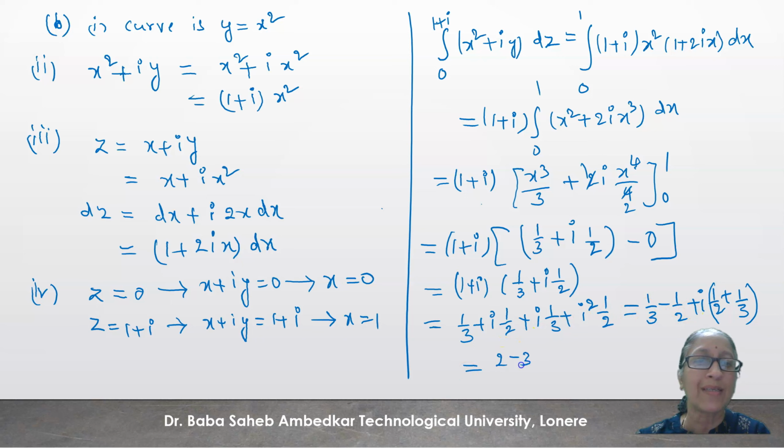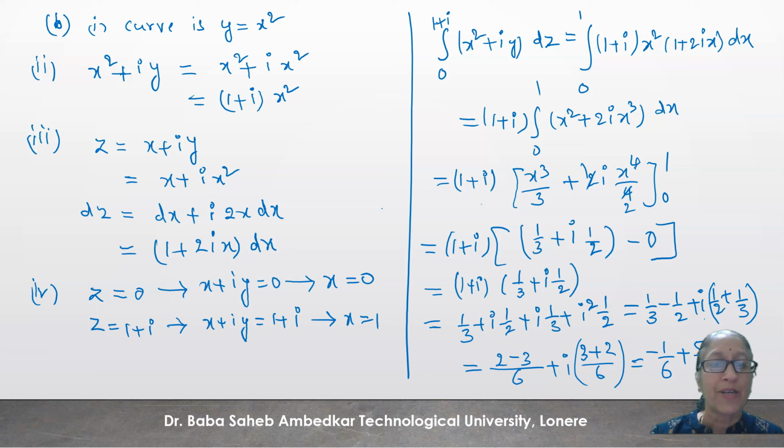This is (2 minus 3) upon 6 plus i into (3 plus 2) upon 6, which gives minus 1 by 6 plus 5 by 6 i. So for this integral particularly, the value of the integral along y equal to x and the value of the integral along y equal to x squared are both the same.